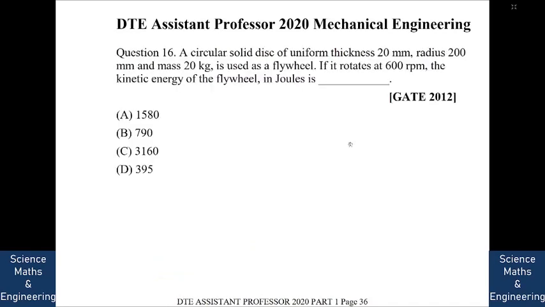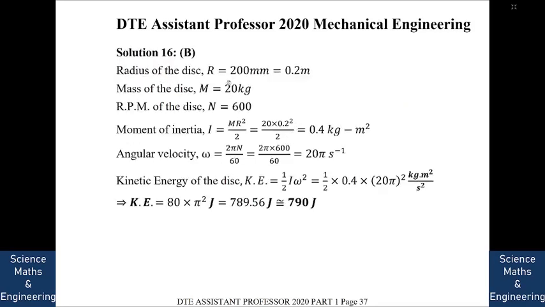So next question. A circular solid disc of uniform thickness 20 millimeter, radius 200 millimeter, and mass 20 kg is used as a flywheel. If it rotates at 600 rpm, the kinetic energy of the flywheel in joules is, so the answer is, see, we know radius, we know mass, so moment of inertia is how much?